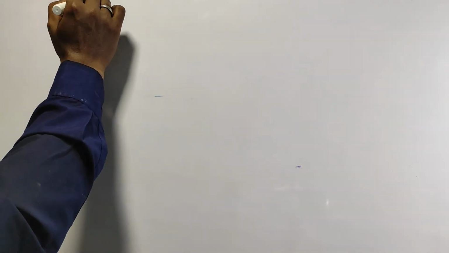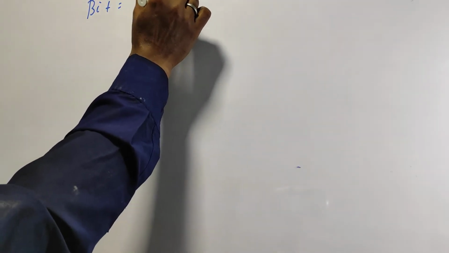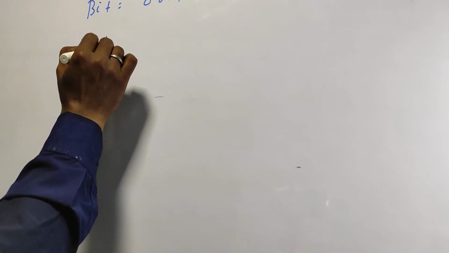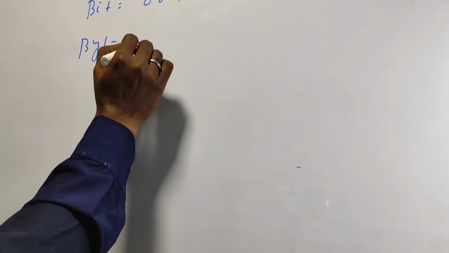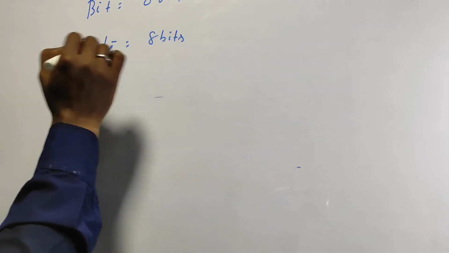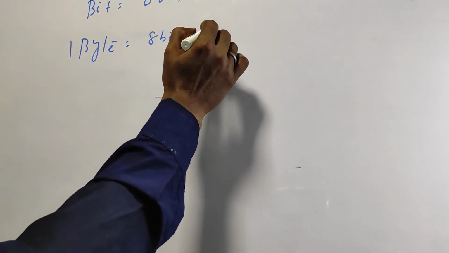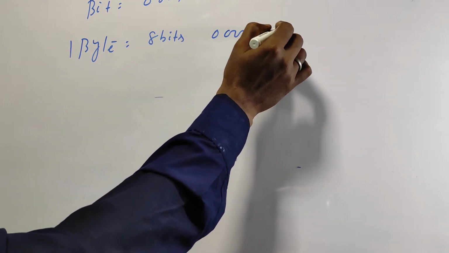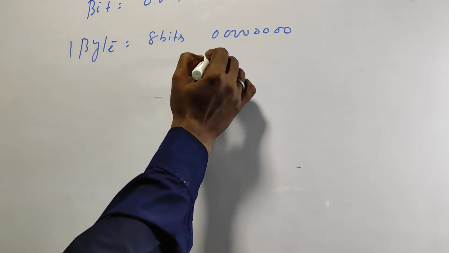Next, I have to study about bit. Bit means 0 or 1. Byte means 8 bits. 8 bits is called 1 byte, and we can write either 0 or 1, like 0, 0, 0.